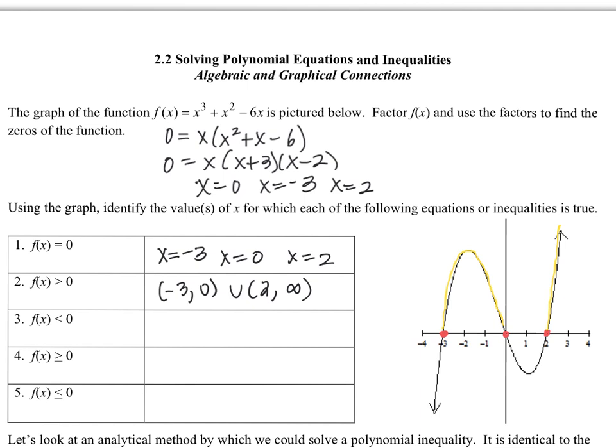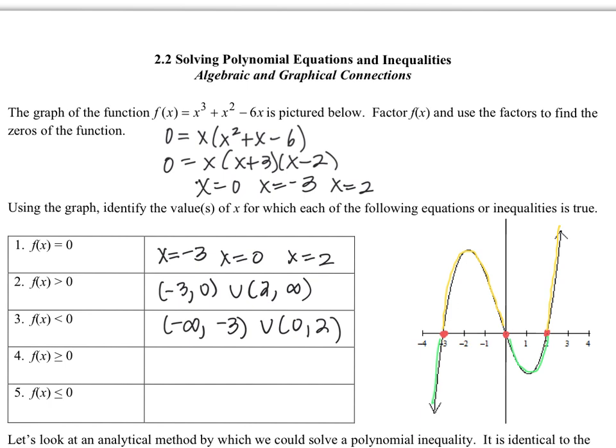Where is f of x less than 0 for part 3? That would be down here and down here, so from negative infinity all the way to negative 3, and then again from 0 to 2.